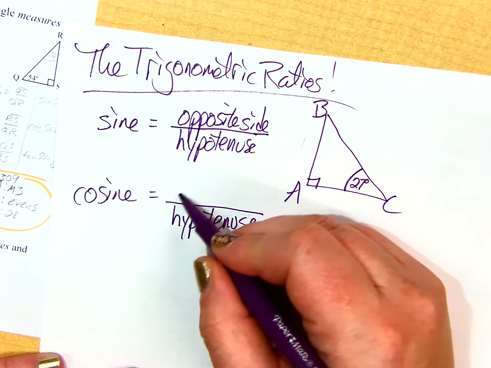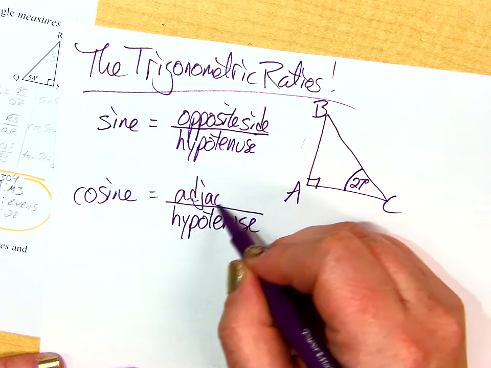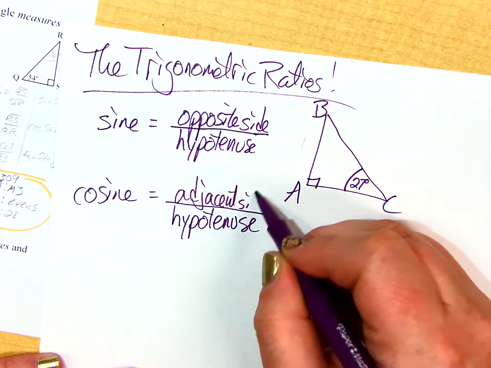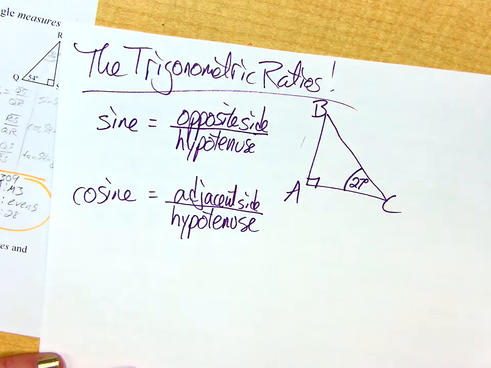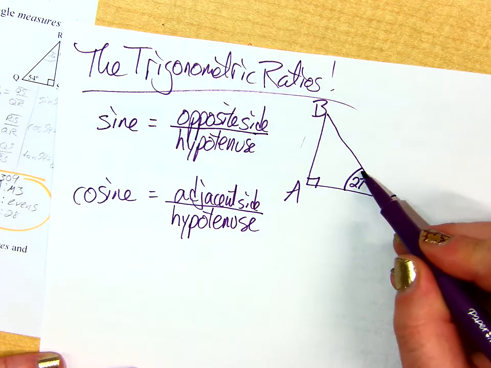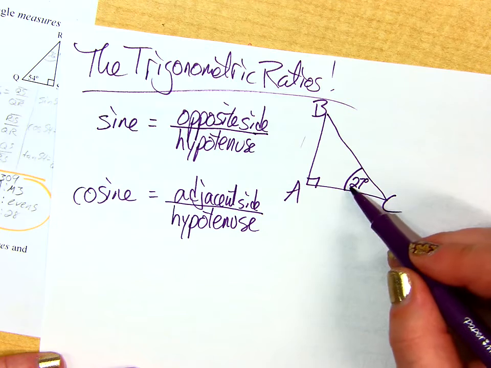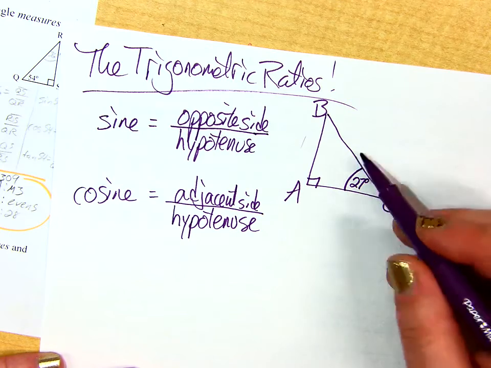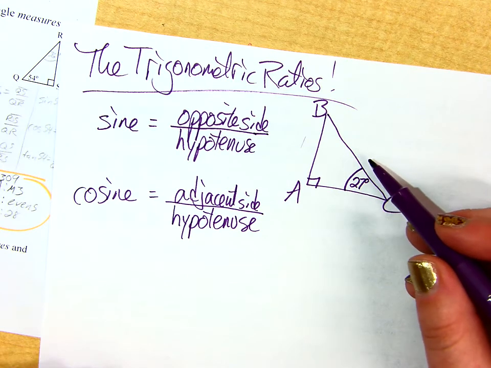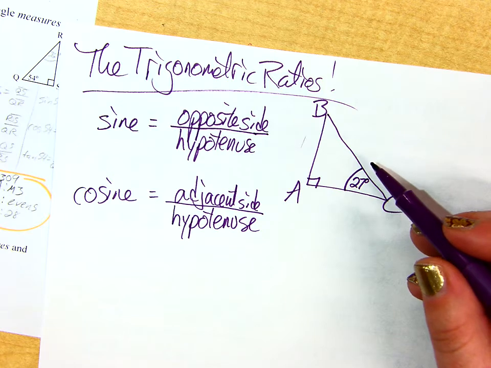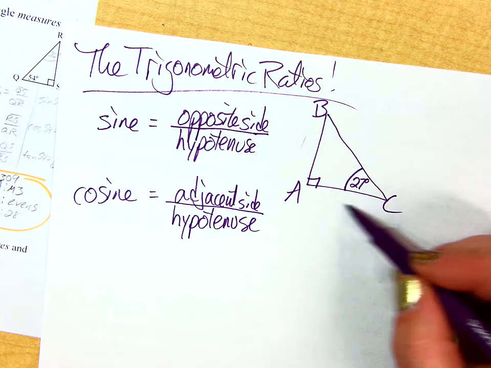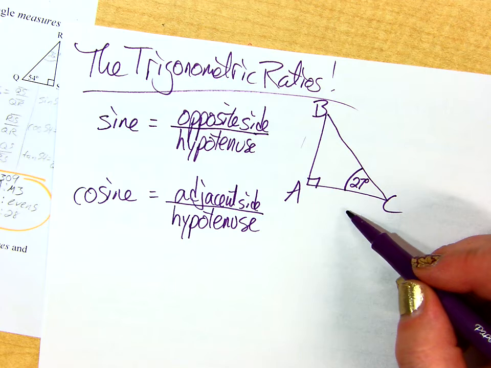Okay, good. So the adjacent side divided by the hypotenuse. Now, what's the adjacent side? If I'm still looking at that 27 degree angle, there are 2 sides that make up this angle, AC and BC. BC is already the hypotenuse. The hypotenuse is always the hypotenuse. So AC is what we're going to refer to as the adjacent side.